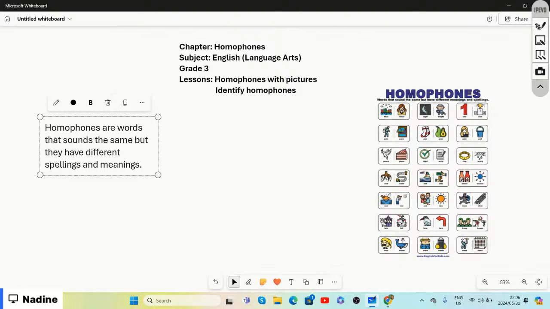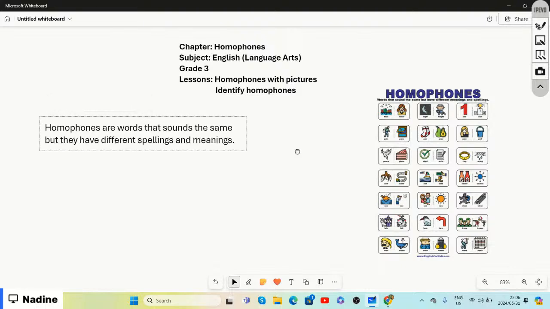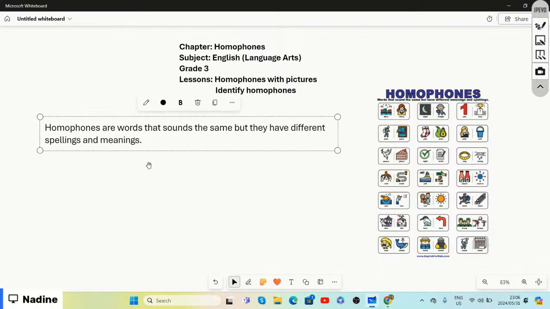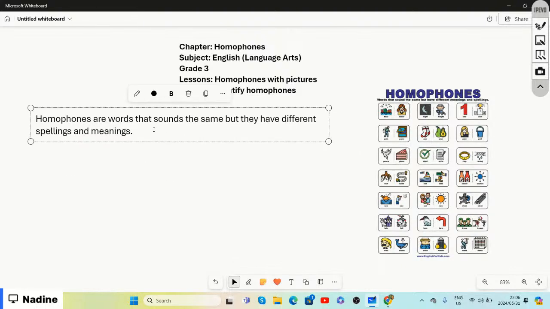So that is a homophone. We're going to find out more about homophones, and especially the fact that homophones have different spellings and meanings, but they sound the same.